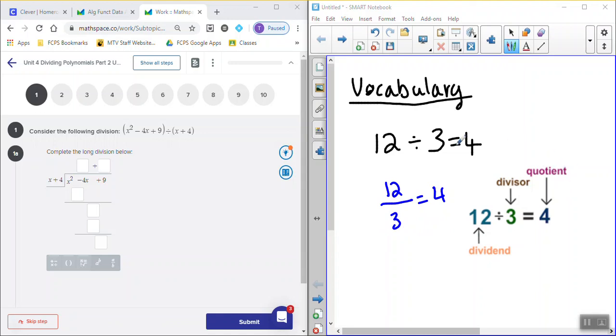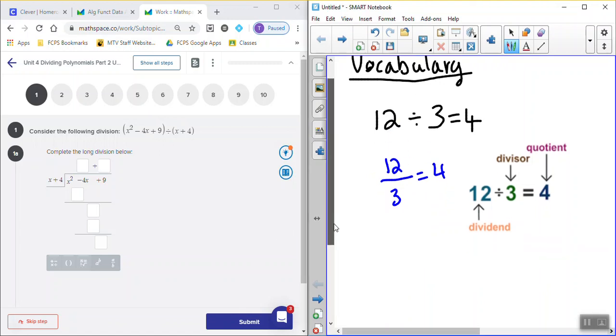And the answer, we call the quotient. So those are the different words that I'm going to use. I like to use divide, numerator, denominator, but sometimes our problems are not written in the form of a fraction. So these are the different words.